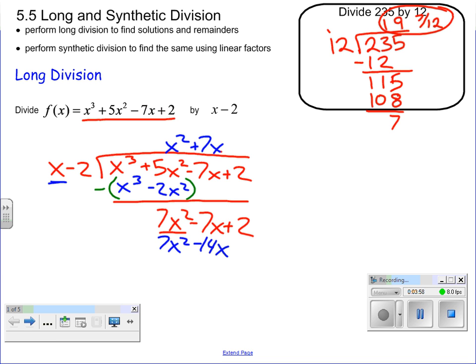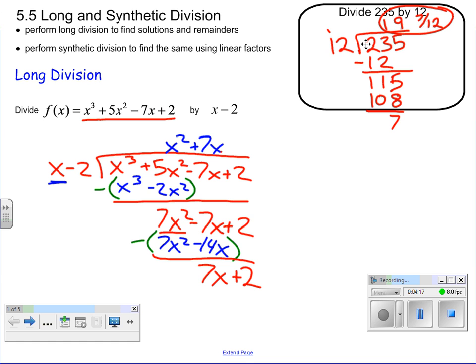Now again, we're going to subtract this entire polynomial. And what we have here is simply 7x squared minus 7x squared, nothing. Negative 7 minus negative 14, so that becomes positive 7. So it becomes positive 7x plus 2.